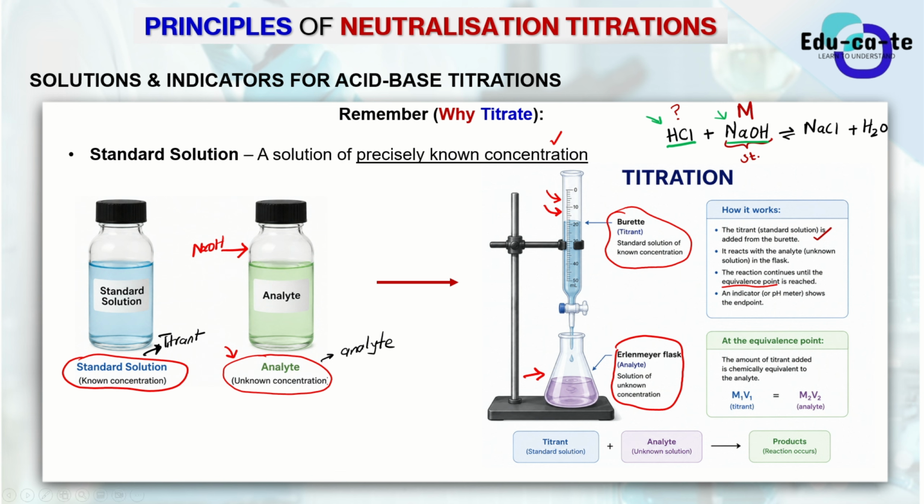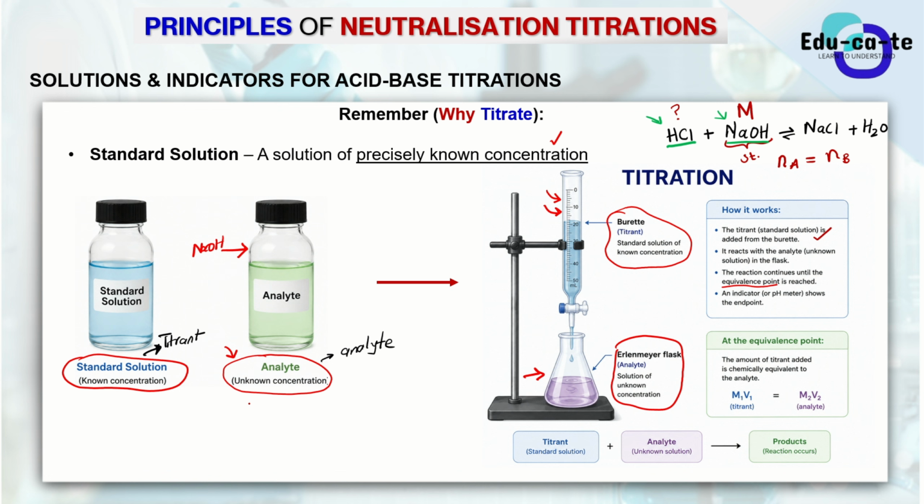So the equivalence point is the point whereby the number of moles of the acid is equal to the number of moles of the base, or the number of moles of the titrant or the standard solution is equal to the number of moles of the unknown solution or the analyte. So here you would say the number of moles of the acid is equal to the number of moles of the base.